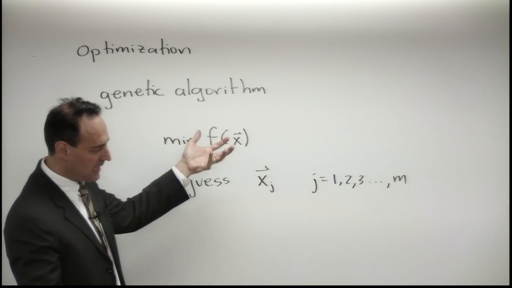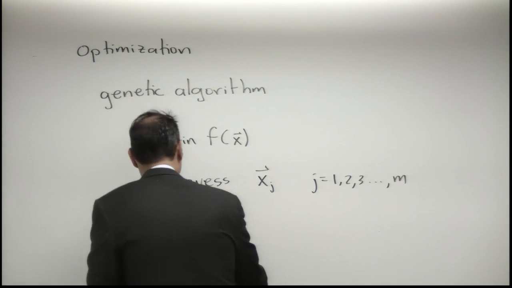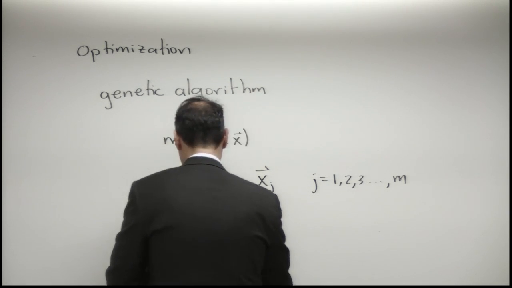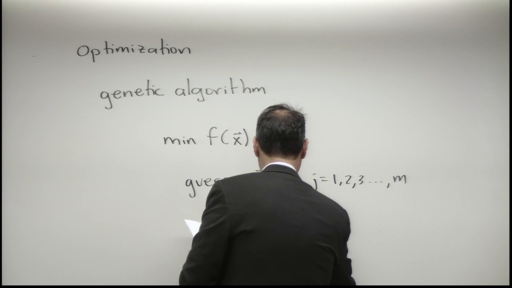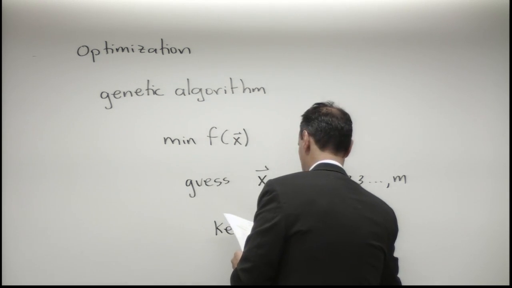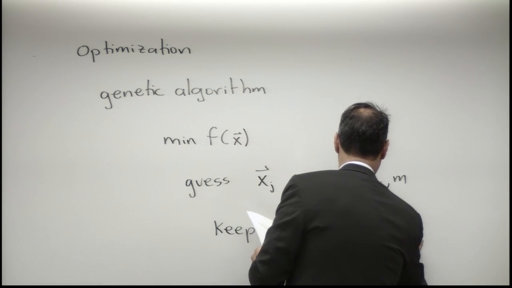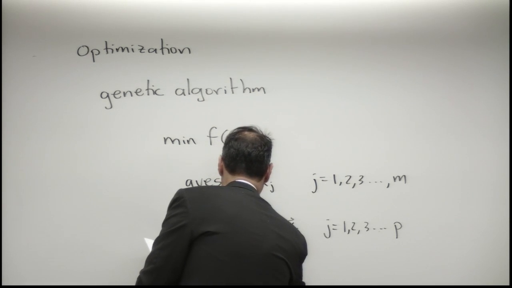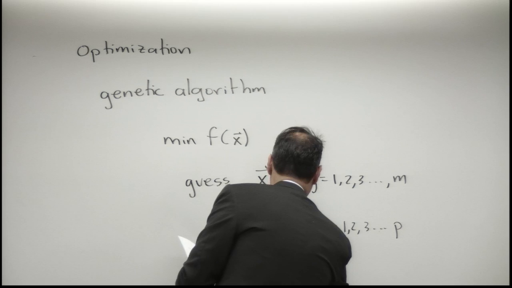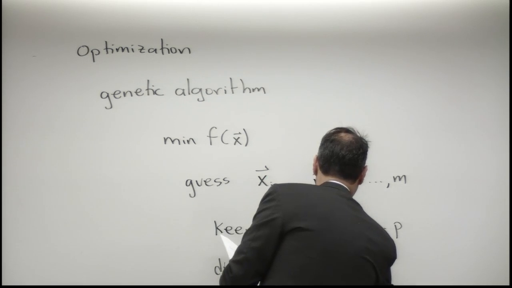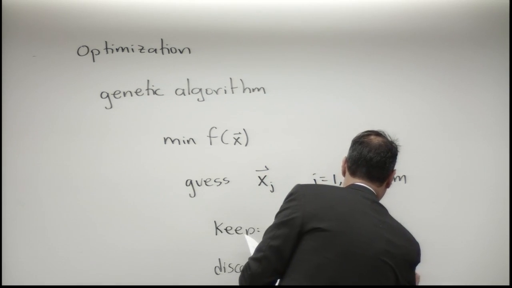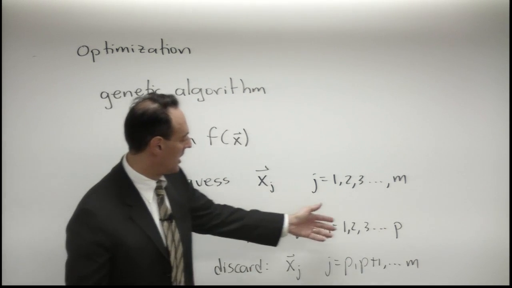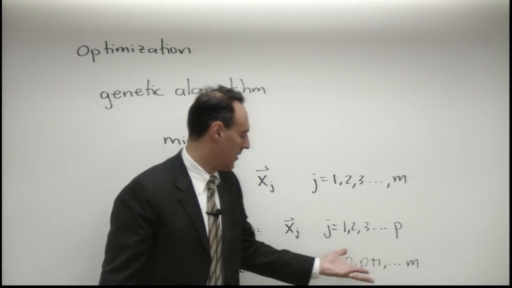Out of all these m guesses, I'm going to keep p of them and throw away m minus p of them.